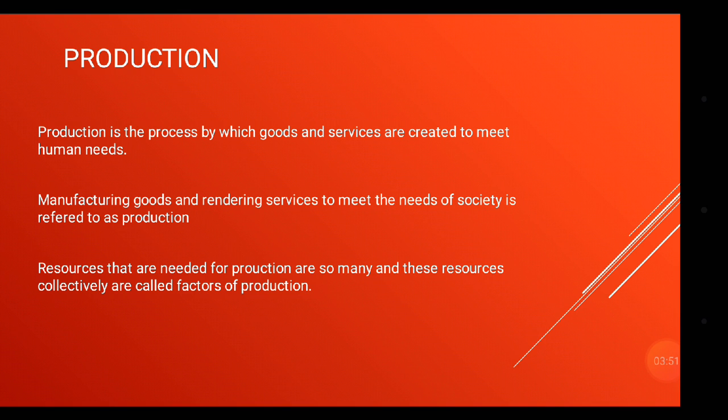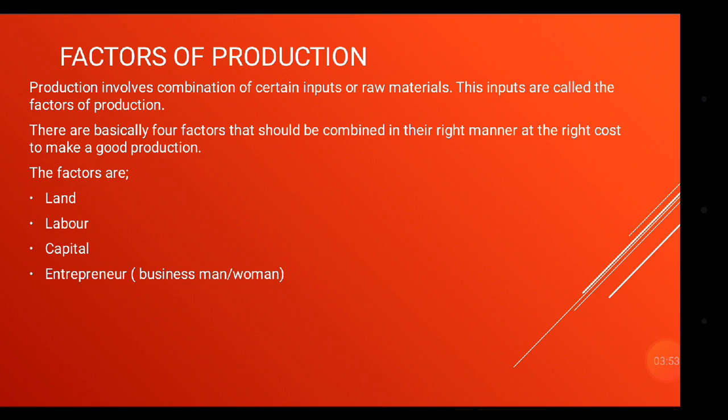And so, production, we are saying, involves combination of certain inputs or raw materials. And these inputs are called the factors of production. Like I said earlier, there are basically four factors that should be combined in their right manner at the right cost to make a good production.